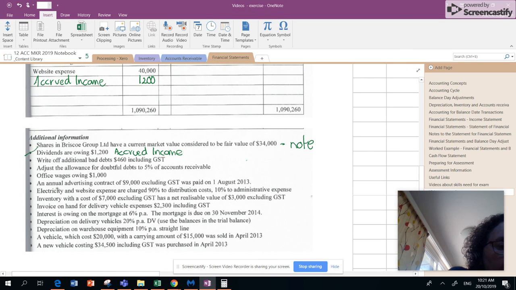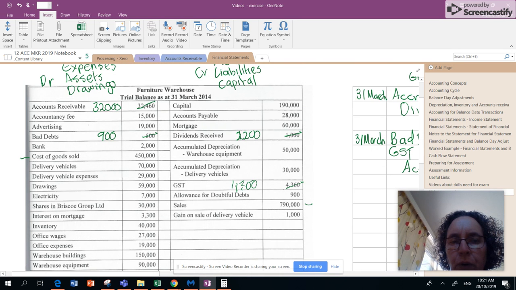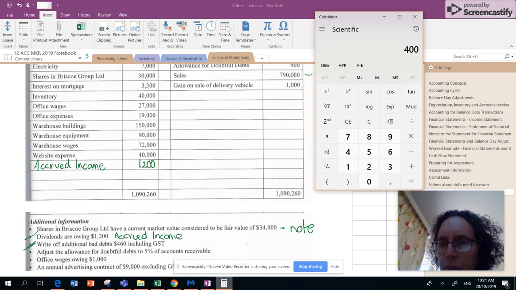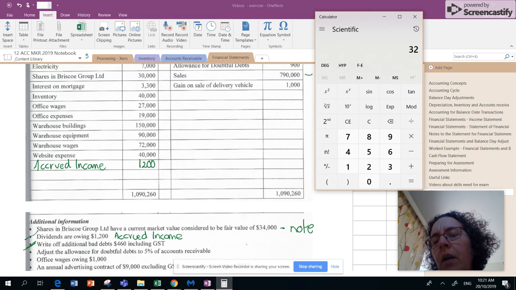Right. Next one is adjusting our allowance for doubtful debts to 5% of accounts receivable. So we're going to, first of all, find out what 5% of 32,000 is. So we're going to take 32,000, times it by 0.5, and it'll give us 16,000. Whoops, wrong.